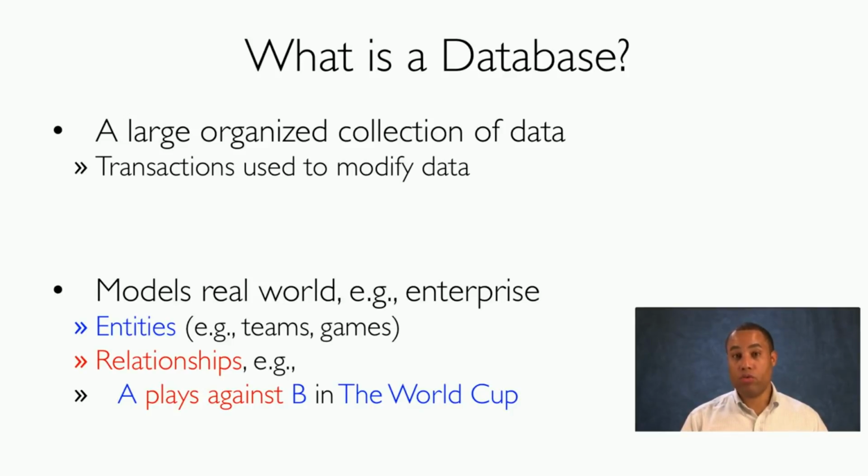Now, databases model the real world, like enterprises, and so we have things like entities, such as teams and games, and relationships in a database. So we can say, for example, the entity A plays against the entity B in the World Cup, where plays against is the relationship.